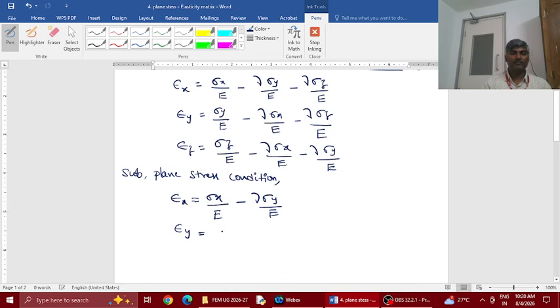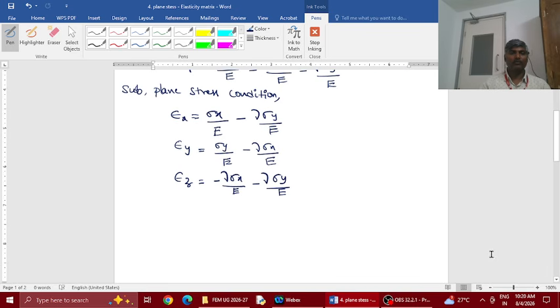Epsilon y is sigma y by E minus nu sigma x by E, sigma z is 0. Similarly, for the strain in z direction, sigma z is 0, so the first term is 0, and the second and third terms will remain.